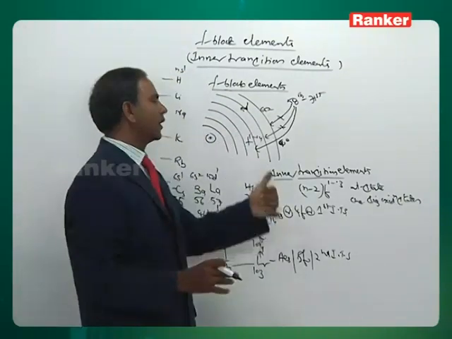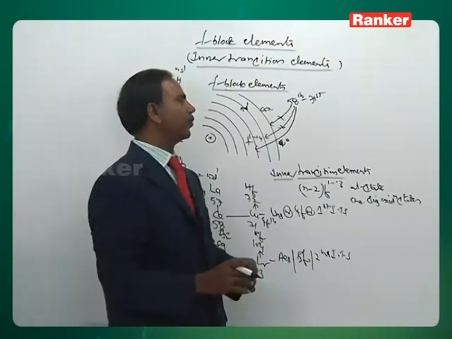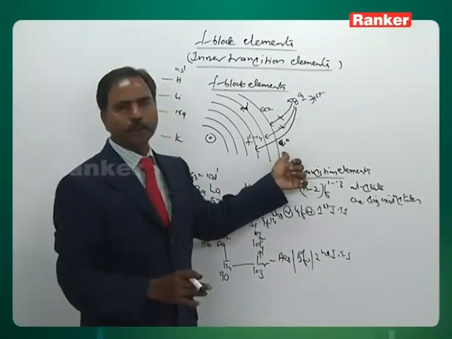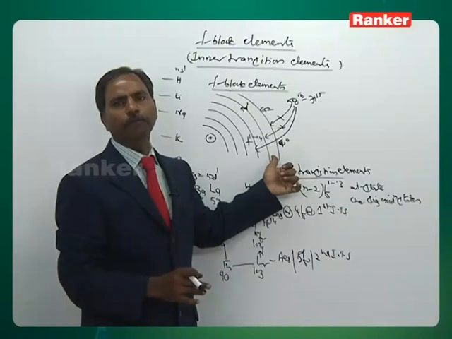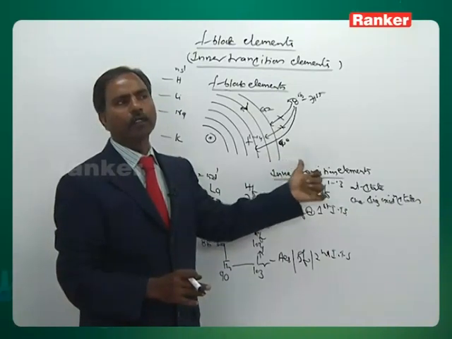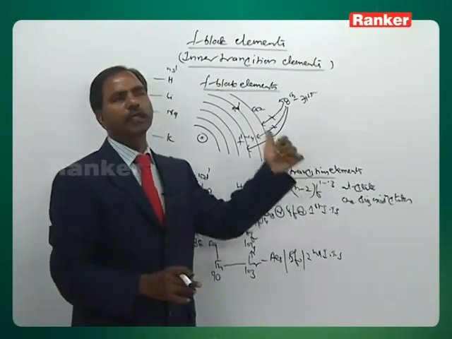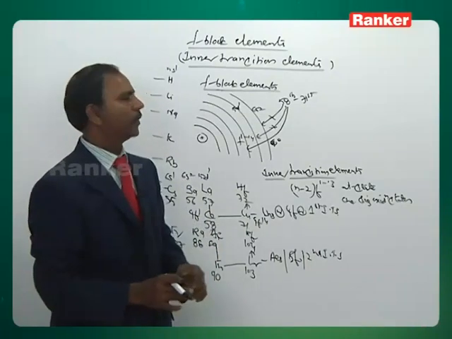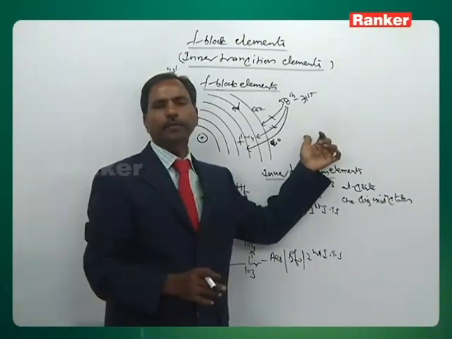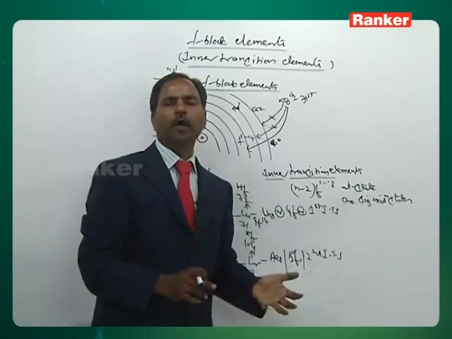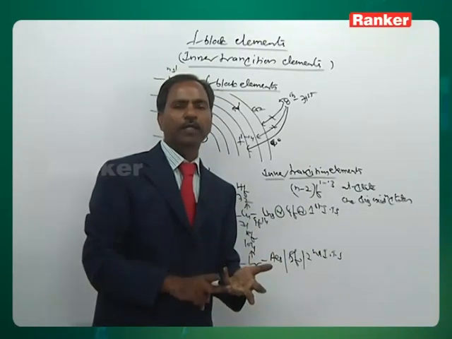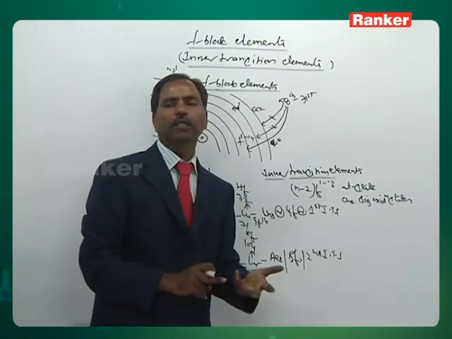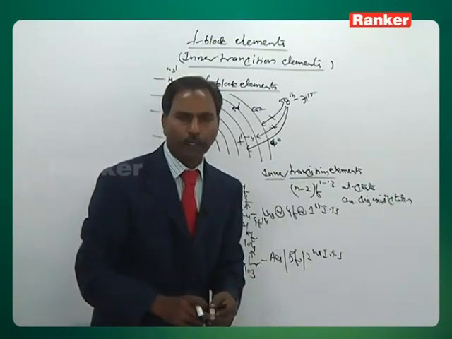Lanthanide 13th element is carrying f13 configuration. Means the orbitals of all the three shells, valence shell, penultimate shell, antipenultimate shell, are incompletely filled. Therefore, in f block elements, in inner transition elements, the orbitals of all the three are found to be incompletely filled.